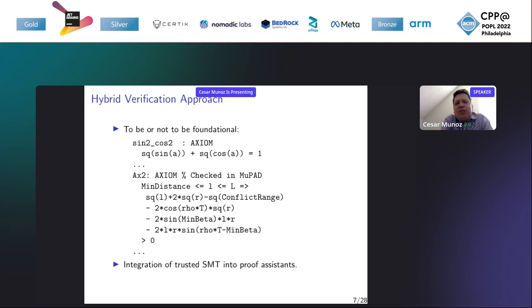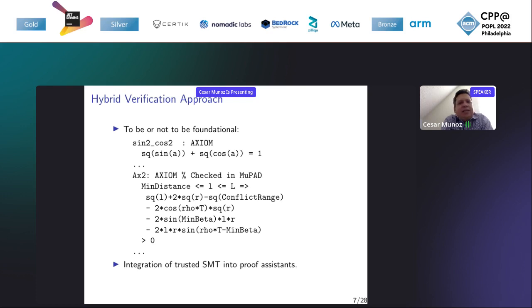And when I say check, I don't necessarily mean that we proved those axioms in MuPAD, but we used MuPAD to graph these particular functions and visually check that these properties were satisfied. So it was a very manual process, but we wanted to make progress, and we did.